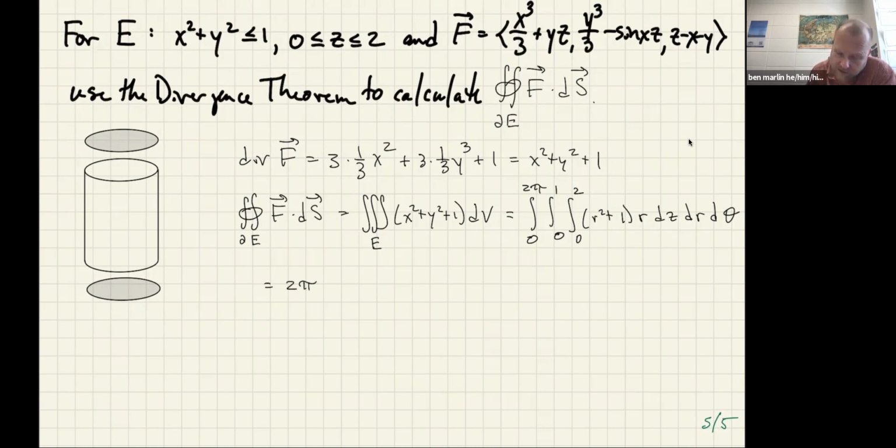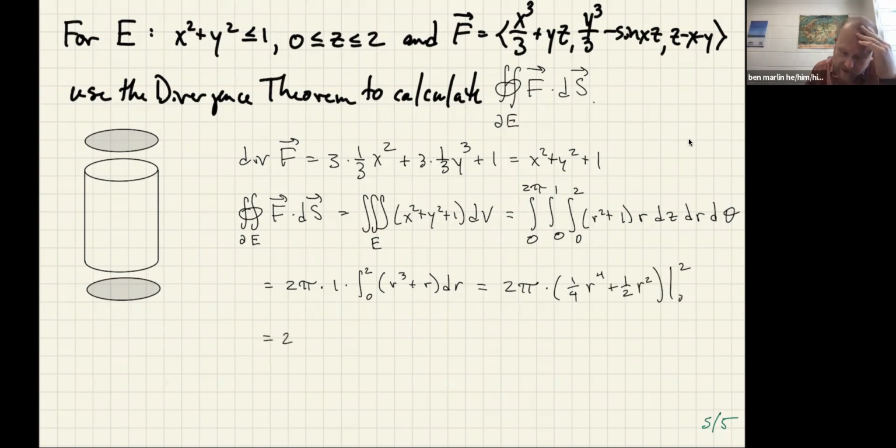There are no z's, so integrating 0 to 2 of distributing that r in there gives the integral of r cubed plus r dr. So 2 pi times, and we've done these before, I was trying to take a shortcut, but it's not a shortcut we can actually take. 1/4 r to the 4th plus 1/2 r squared, 0 to 2.